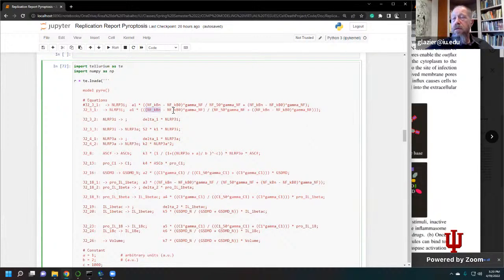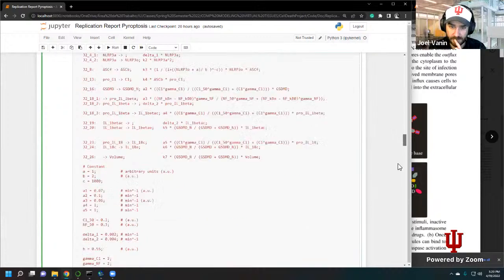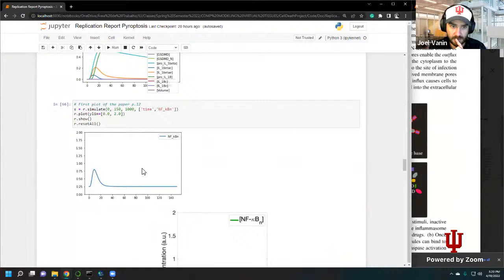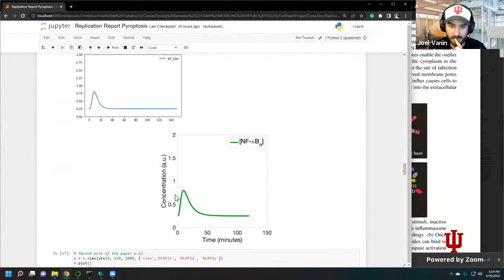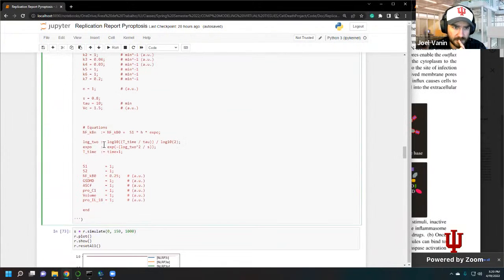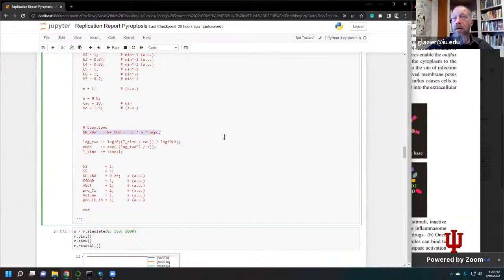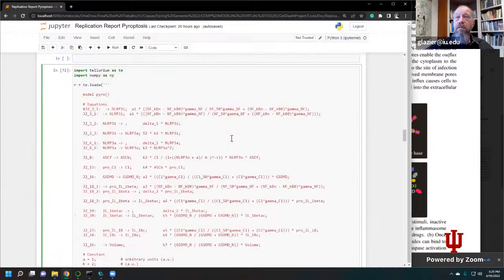Those are parameters? Yeah. Here's the function I can show you. It's doing exactly the thing, and it's written down here. Right. So the area under the curve, so the total amount of NLRP3I that you create can't be more than the area under the curve of that function.